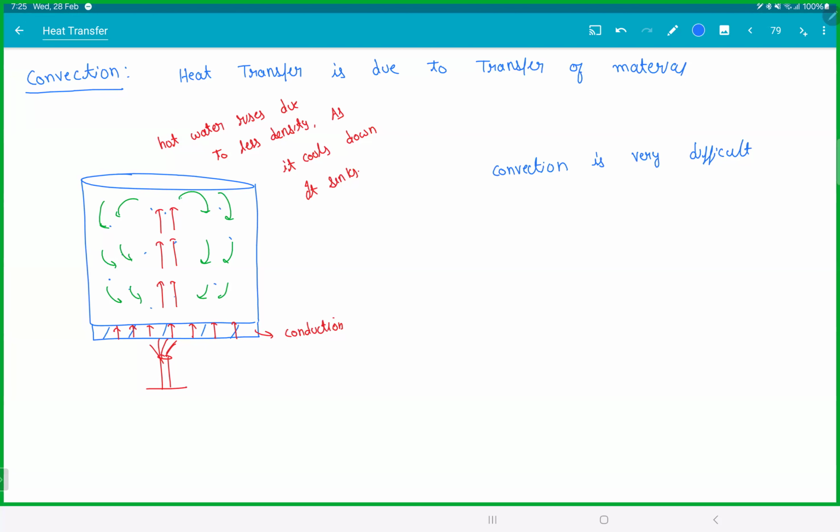Now see, convection is very difficult to study. It depends on a lot of factors. So we study a very special case, forced convection. Basically, this is your Newton's law of cooling.